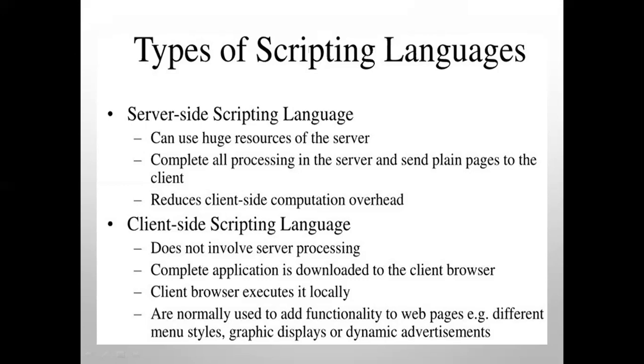It acts as an interface for the client and also limits the user access to resources on the web server. Examples of scripting languages are ASP, PHP, ASP.NET, Java, Python. These all are server-side scripting languages.